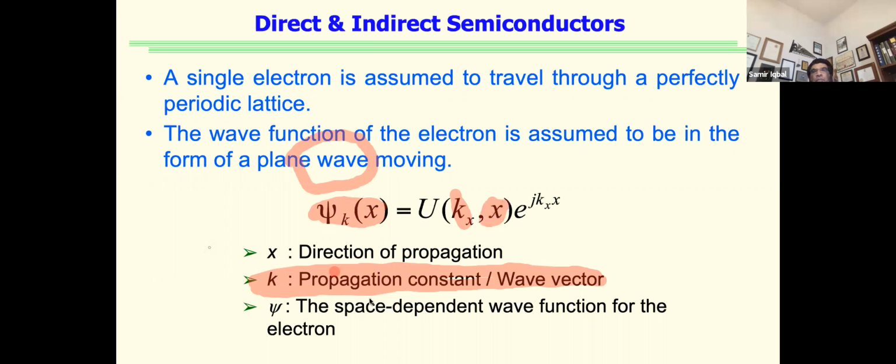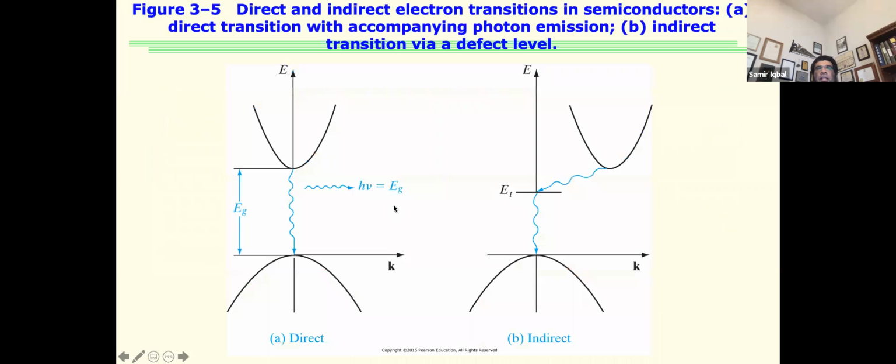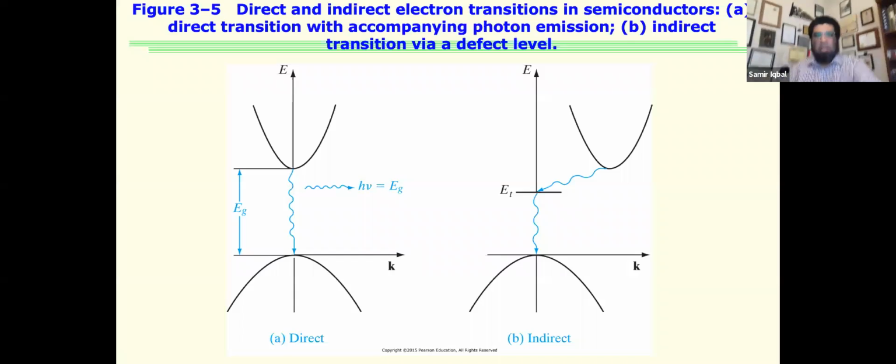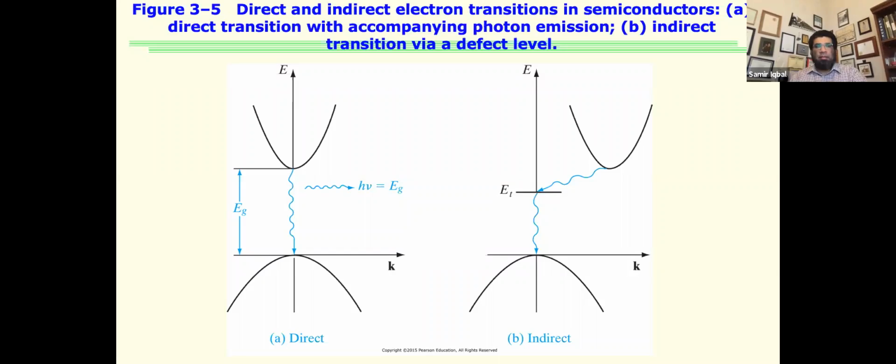which depends on the propagation constant and the direction of propagation, right? Now, when we bring in this concept that it is direction dependent, then for different materials, the conduction band and valence band minima and maxima may not be right on top of each other, which means that we have materials where an electron cannot just jump straight up and go to the conduction band.